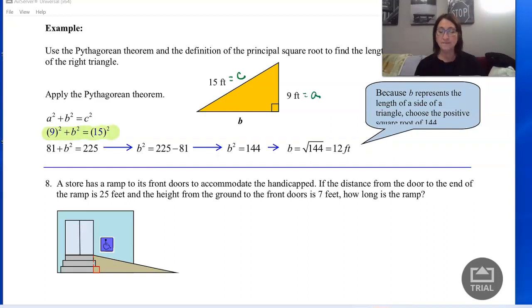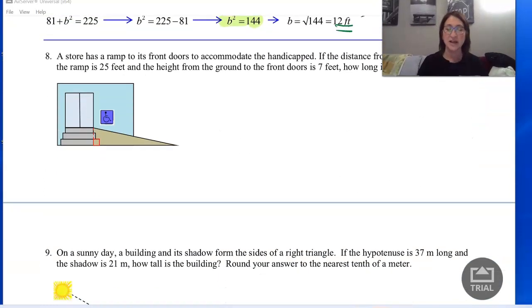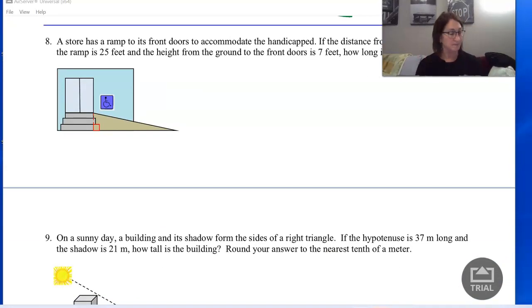Solve for B. So right here I get B squared is equal to 144. Well, I'm not looking for B squared. I am looking for just plain old B. So the way to find plain old B is I can take the square root of 144, which is then 12.